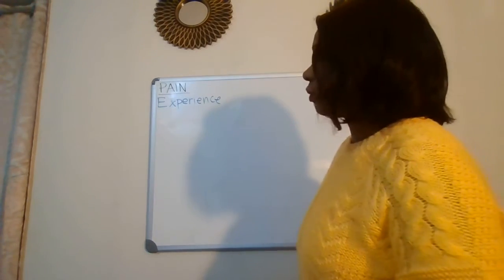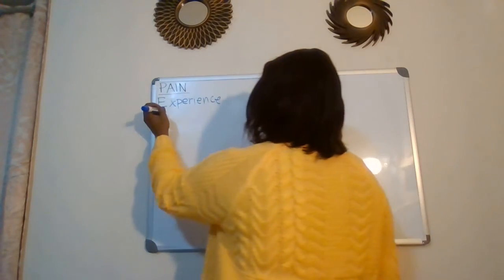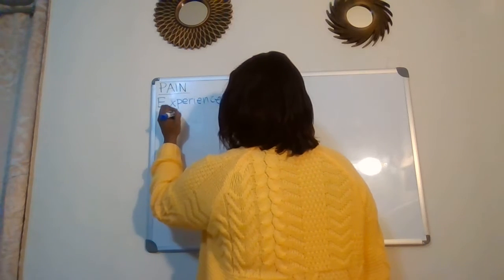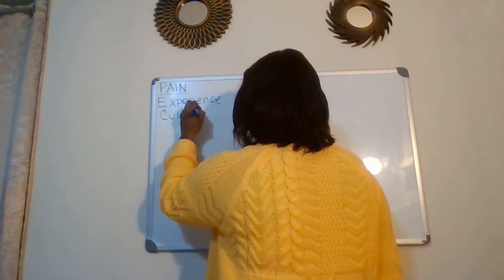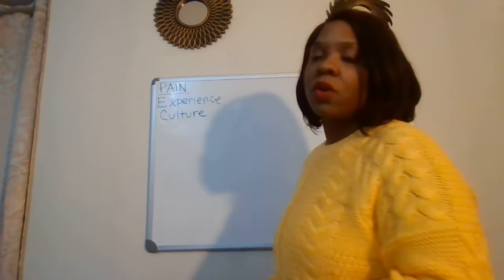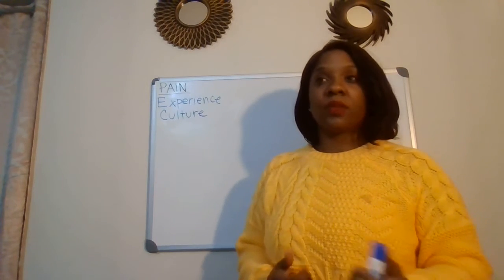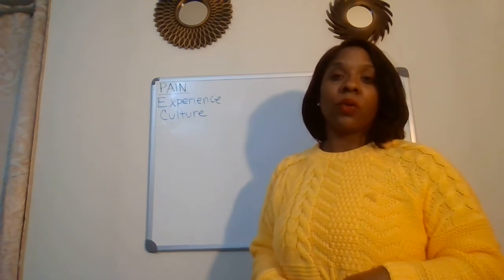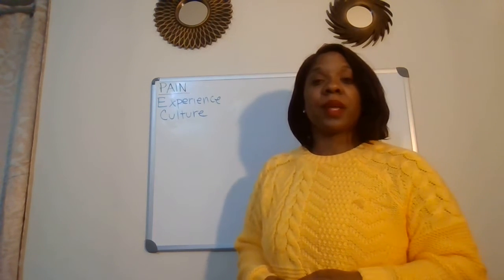Another factor that can influence pain is culture. Culture plays a role in pain because, for example, you have two different types of people: stoic and emotive people. Stoic people who express pain are the people who usually tend to grin and bear it.